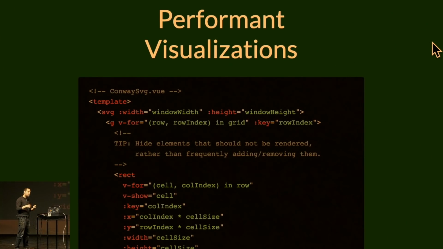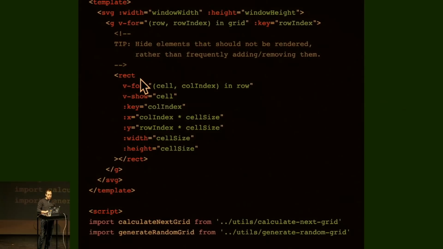But before I go into how to make more performant visualizations with the other technologies, I want to walk through a few tricks that I've used for the SVG version to make this as fast as it is already. And some of these may not be obvious.